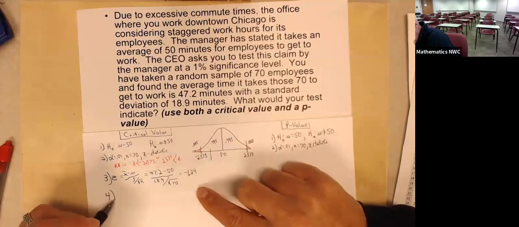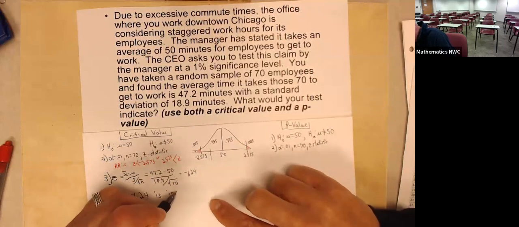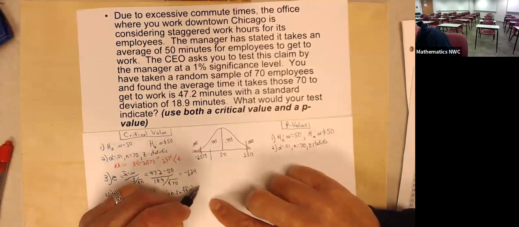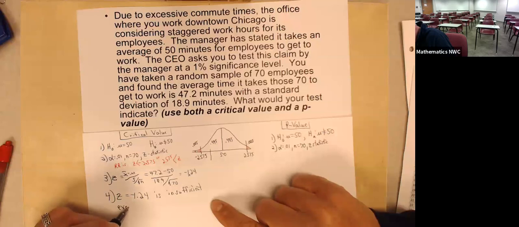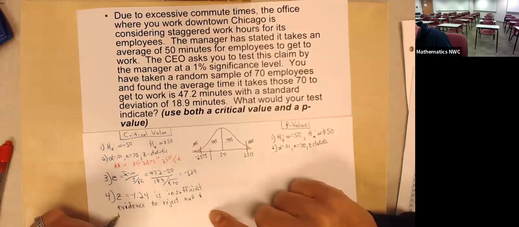What does that mean? It means z equal to a negative 1.24 is insufficient evidence to reject the null and thus we continue to assume.